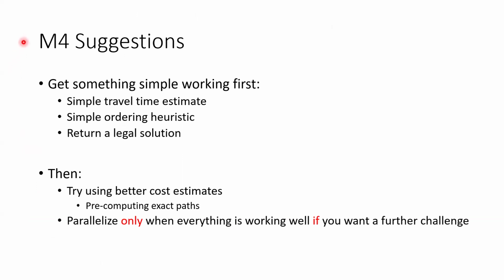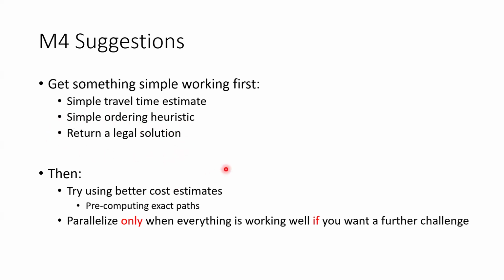And some M4 suggestions. First, get something simple working, like a simple travel time estimate and a simple ordering heuristic, not something fancy like simulated annealing in the first place.